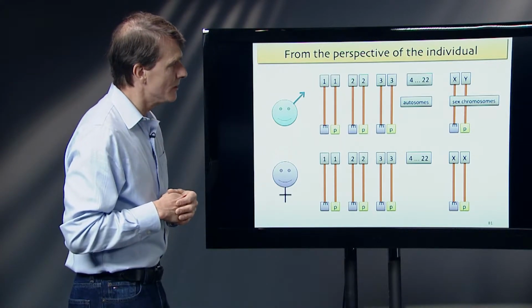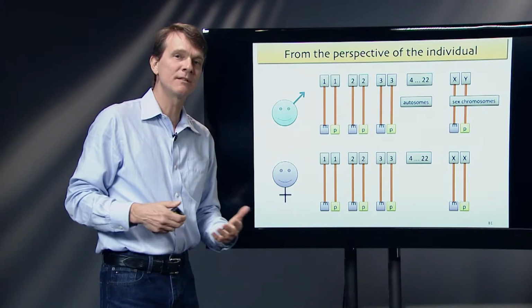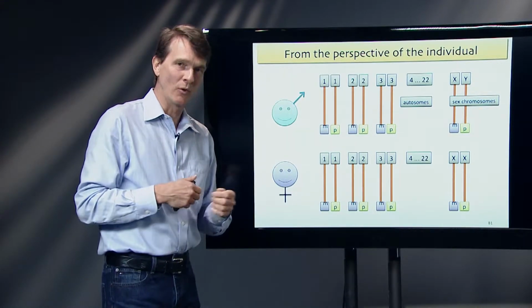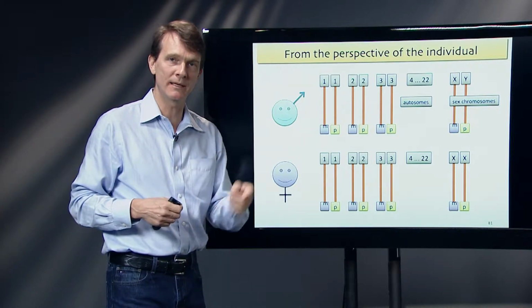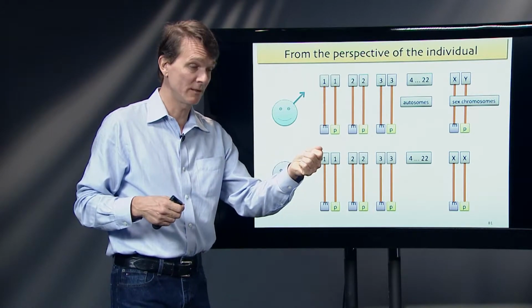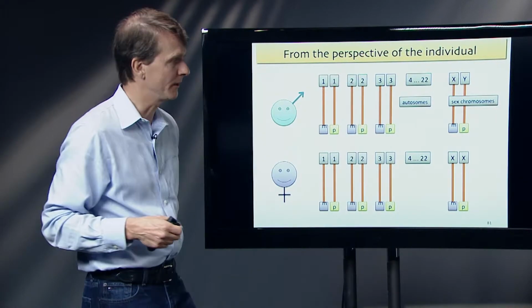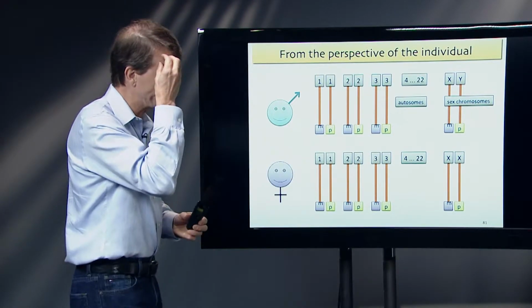Okay, so we always talk about the Y chromosome as sex determining. That's only true to the extent that the Y chromosome happens to have SRY, that transcription factor that flips the switch on a bunch of genes that then turn on the male pathway. If you don't have SRY, you default to the female pathway.